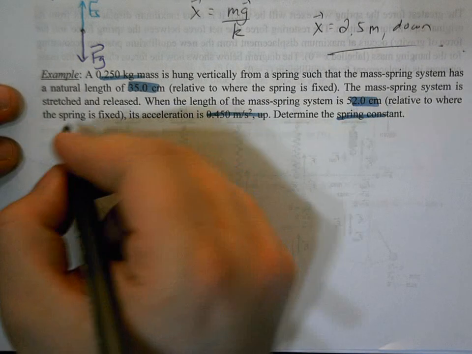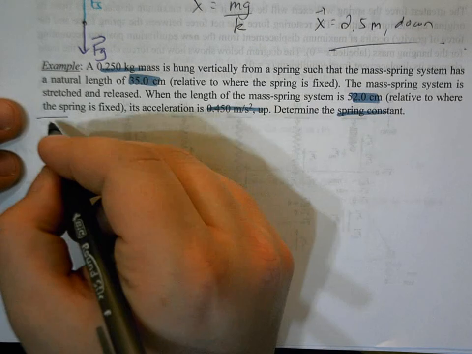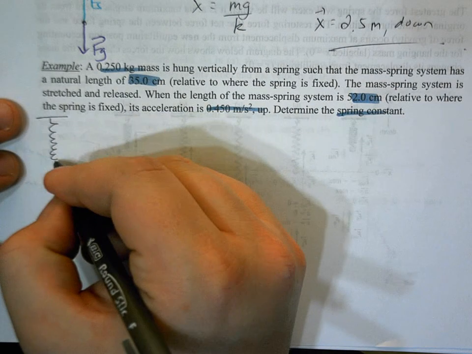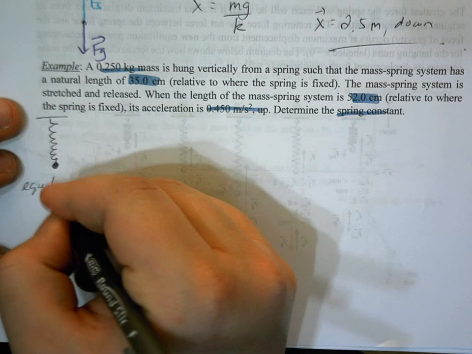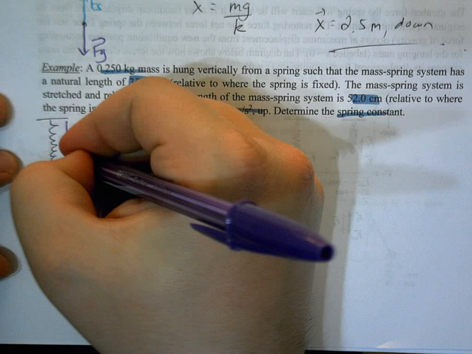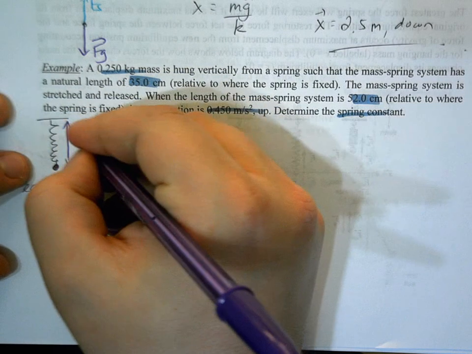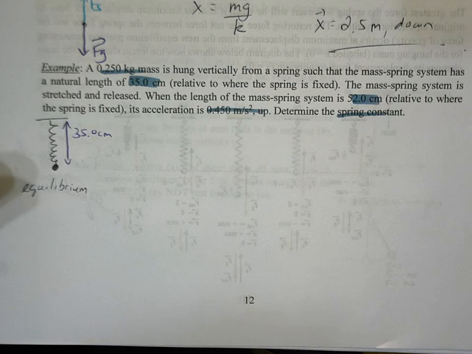So here's kind of what we're told. This spring is hung, so this is its equilibrium position, and it has a natural length of 35 centimeters. Later we stretch it out and let it go.